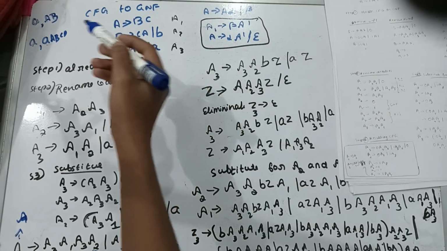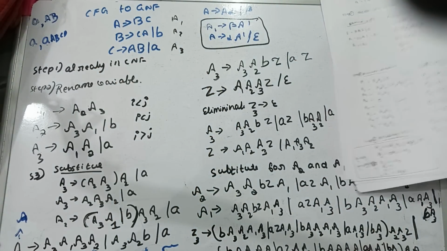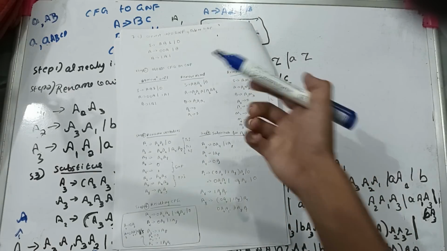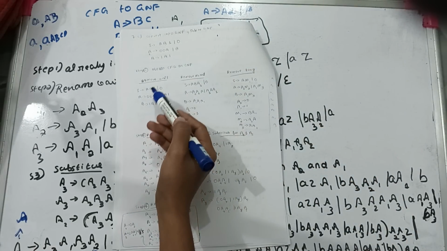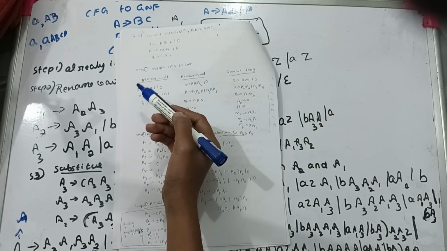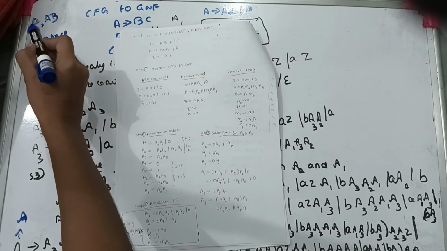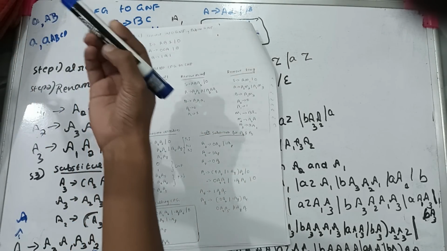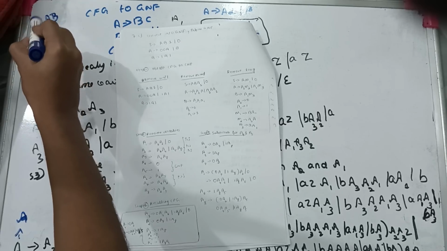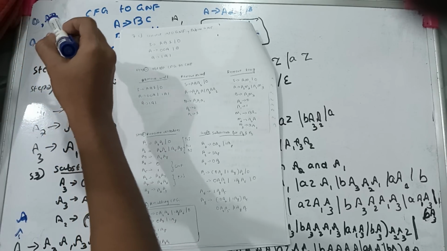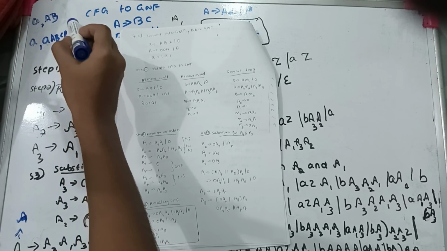So this is the question, convert the grammar into GNF form. In the first paper we saw how to convert to GNF. First, see what Chomsky normal form is: you should have either one single small letter or two capital letters.